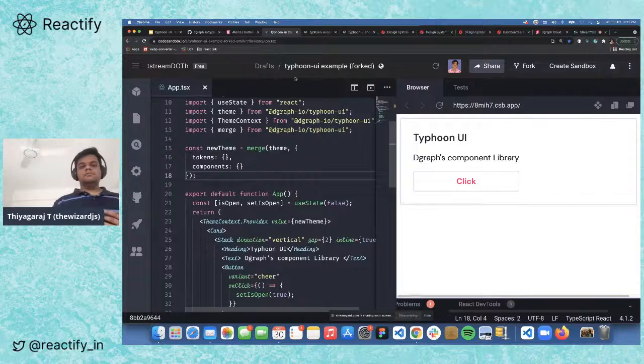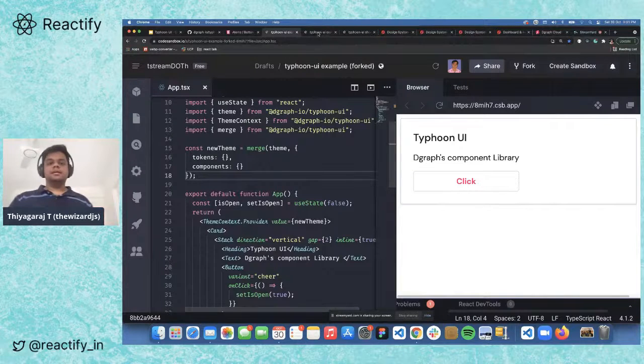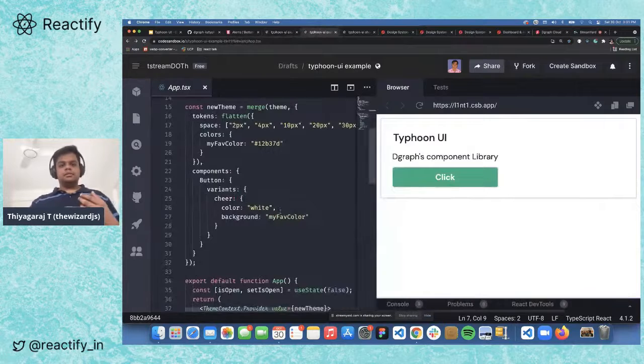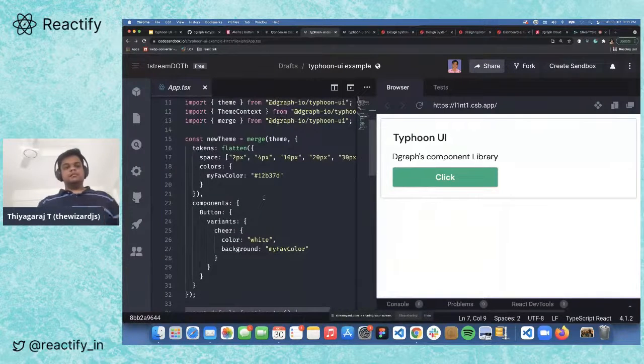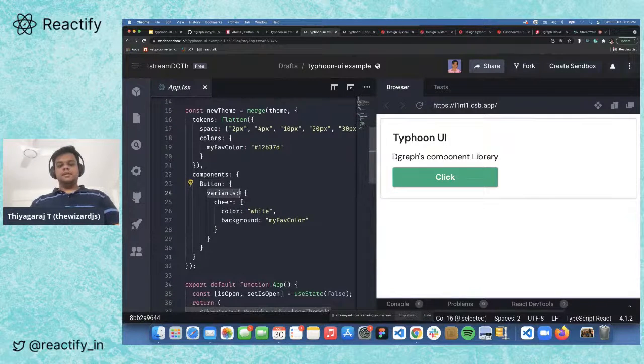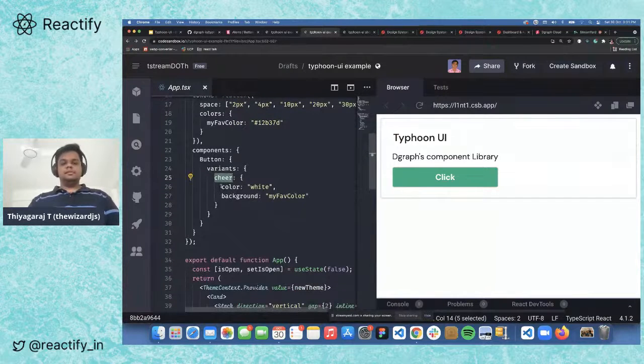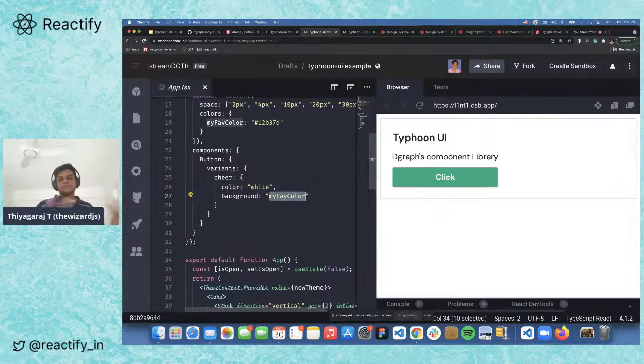But you can also go ahead and extend the theme and define your own style. So for example, in this one, all I need to do is define a button inside the components and define a variant. If I'm using a cheer variant, I can just define what the color is. In this case, let's say the background is my favorite color.